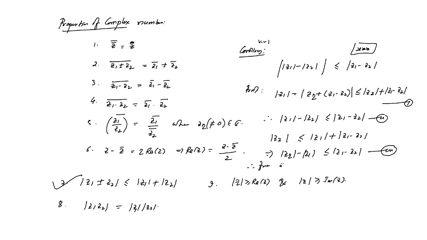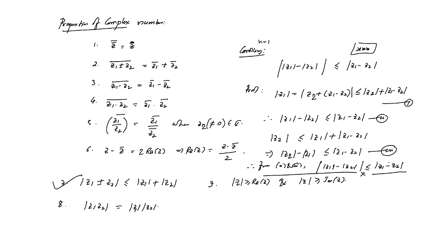So from 1 and 3, or from 2 and 3, we can prove that the modulus of mod Z1 minus mod Z2 is less than or equal to mod of Z1 minus Z2. This is very, very important, and we can use this recall to solve many types of problems in complex numbers.